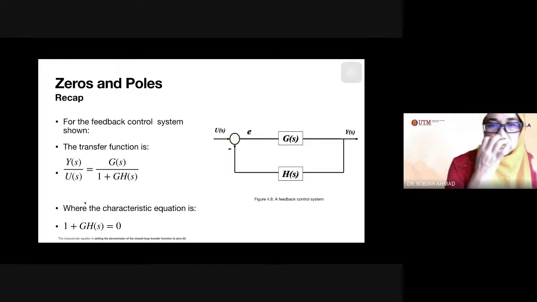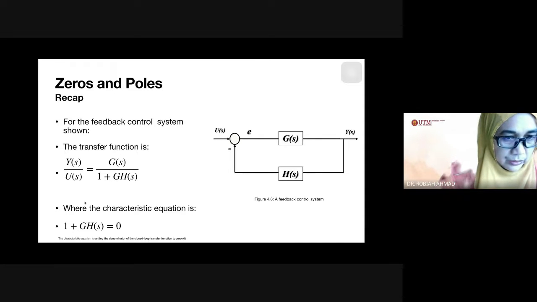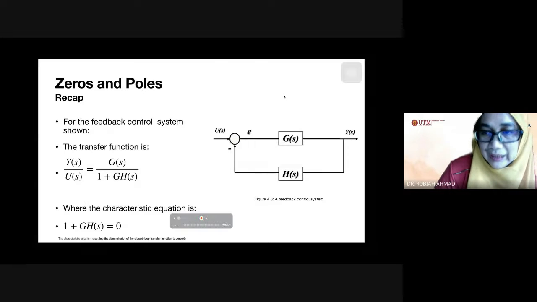First of all, let us recap some information about the feedback control system that you learned from previous week. You are by now all familiar with this control block diagram.